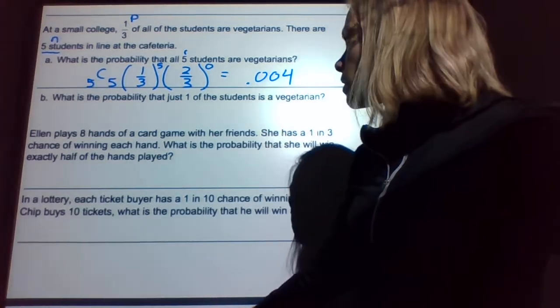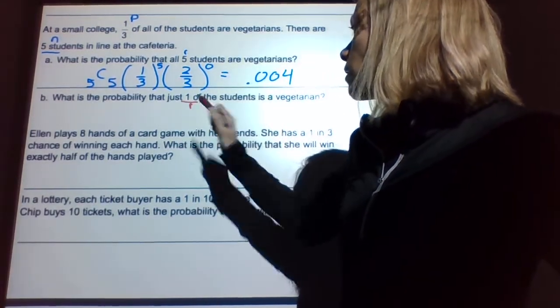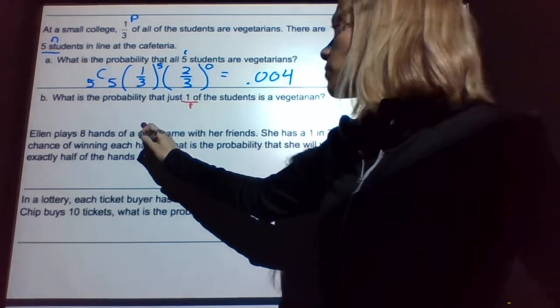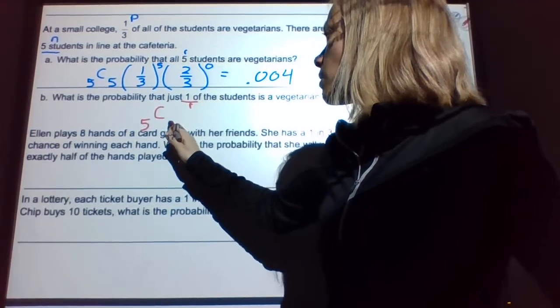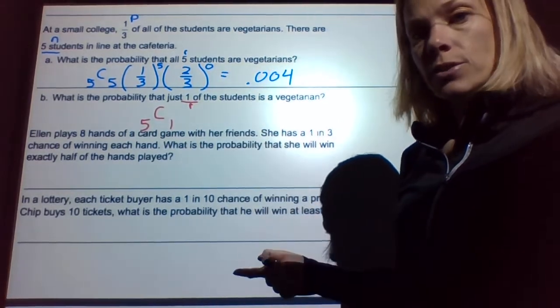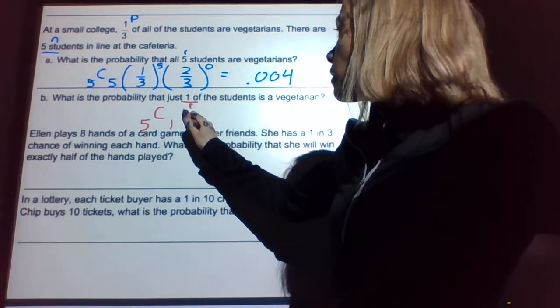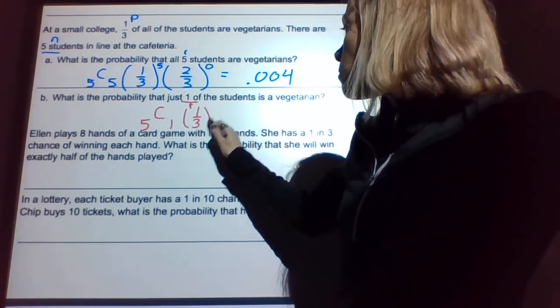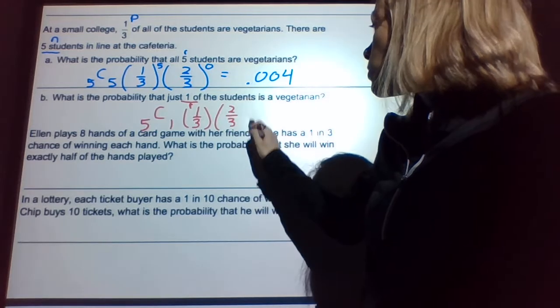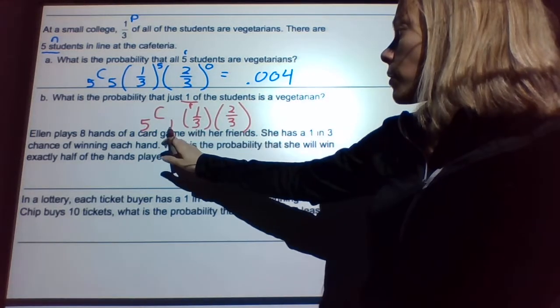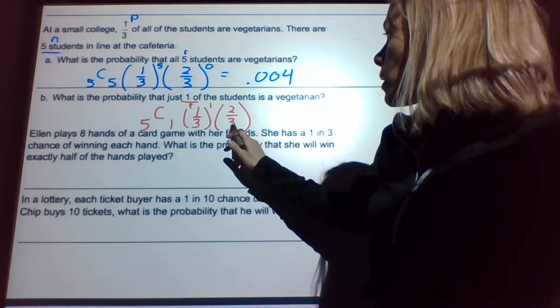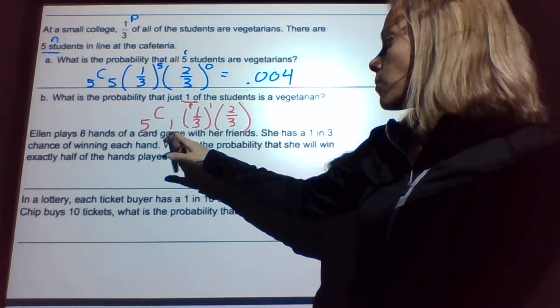What's the probability that just one of the students is a vegetarian? Okay, so what changed is my R. My R now is 1. So my formula would be 5C1, one of the 5 students. My P, again, is 1/3. My Q is 2/3. But now my 1/3 is to the first power. My 2/3 is to the, what's 5 minus 1? 4.